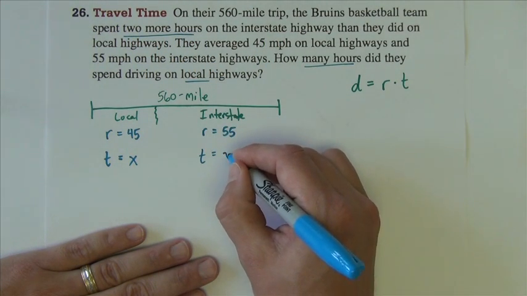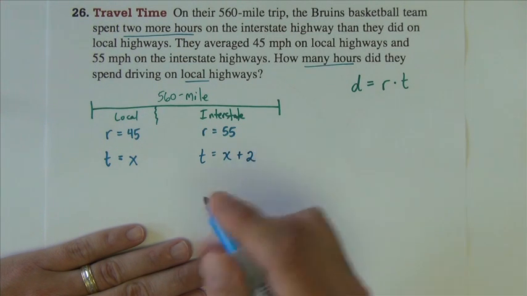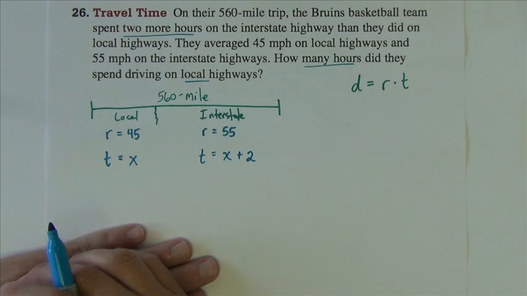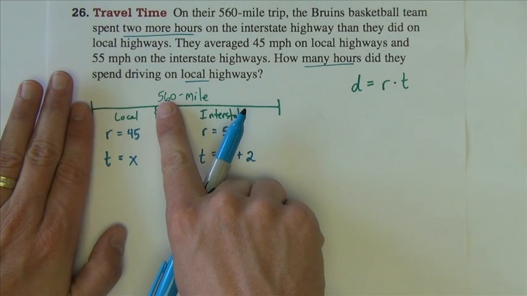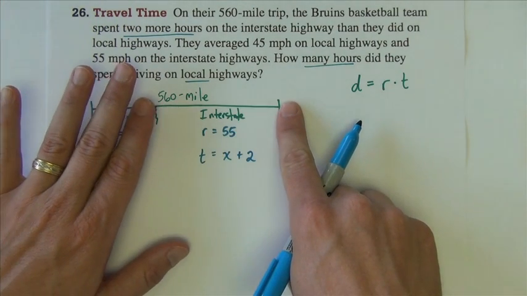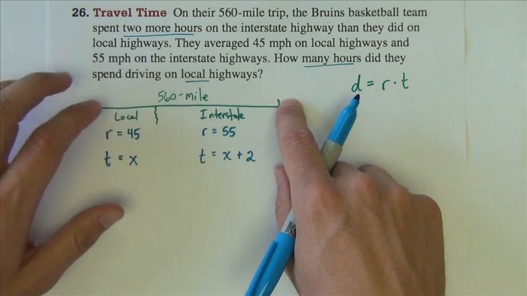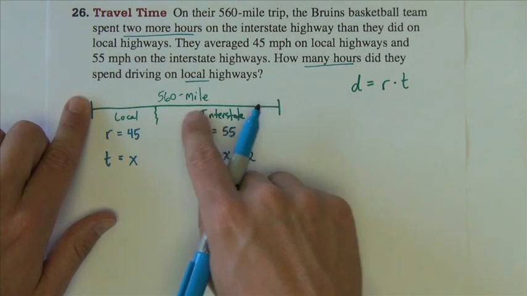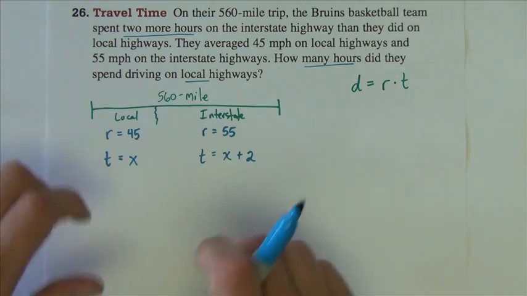So if I spent X hours on the local highways, then the interstate was X plus 2. Okay, so I can find this distance by taking r times t. I can find this distance by taking r times t. Since I know that the sum of their respective distances is 560, that's exactly what I'm going to do, is find their sum.